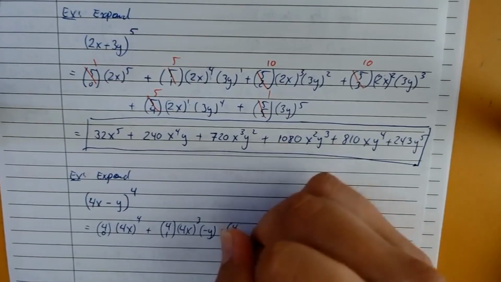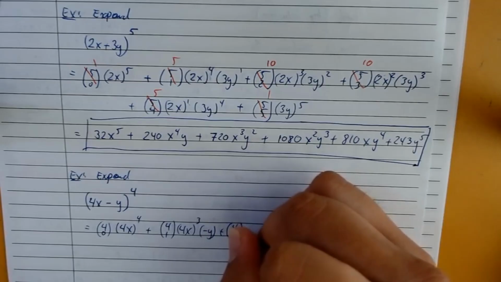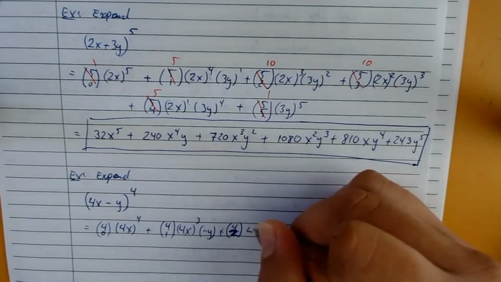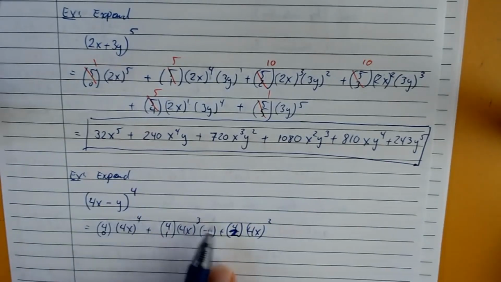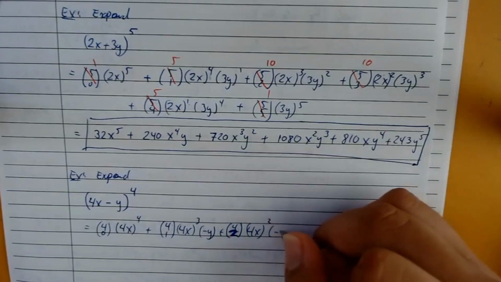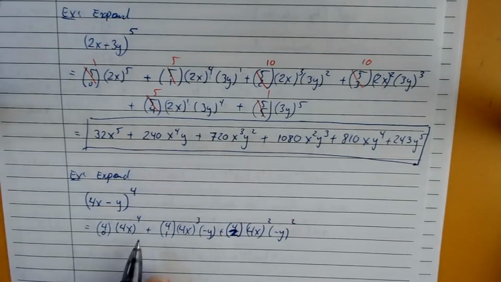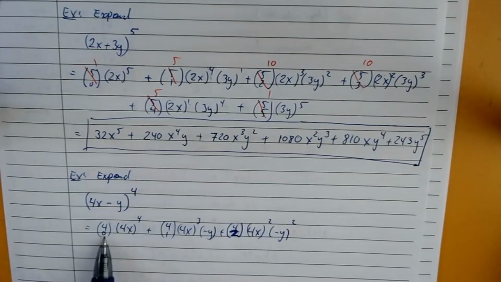Plus 4 choose 2 times 4x to the power 2. Again, we're slowly losing power, 4, 3, 2. And then your negative y will now have a second power, power 0, power 1, power 2. Again, the power of the second term always matches the bottom number.